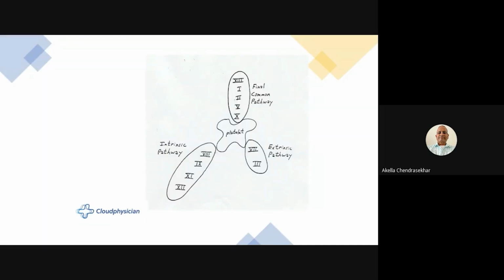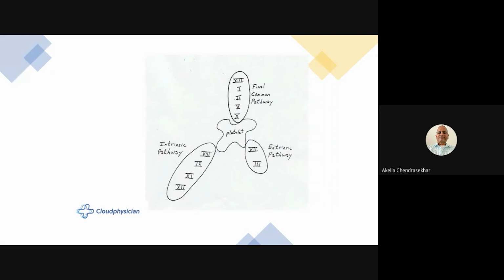Okay. But you notice that there's either the extrinsic pathway or the intrinsic pathway. Now, the simple thing to understand is the intrinsic pathway is simply called that because all the components are within blood vessels. That's why we call it intrinsic. Extrinsic is simply because factor 3 is outside of blood vessels, and because it's outside of blood vessels, it is considered the extrinsic pathway.